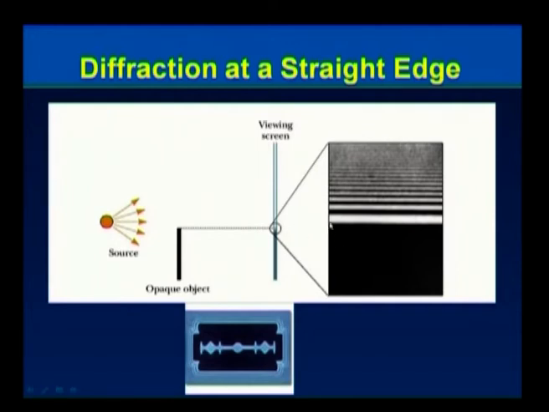In the region below the geometrical shadow also, you have a kind of diffraction pattern, and above the object, you have a diffraction pattern. According to the older theory, this should be completely dark and this should be completely bright. In the region where there should be brightness, you have a diffraction pattern, you have diffraction bands.